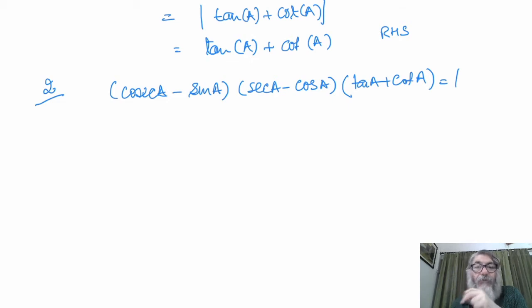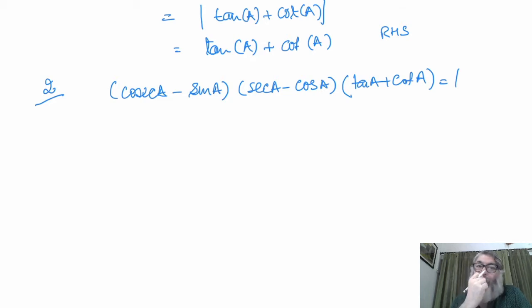Now if you see the first bracket, cosec and sine are reciprocals. In the second bracket I have got sec A and cos A. They are also reciprocal of each other. And in the third, tan A and cot A, which are reciprocals of each other.